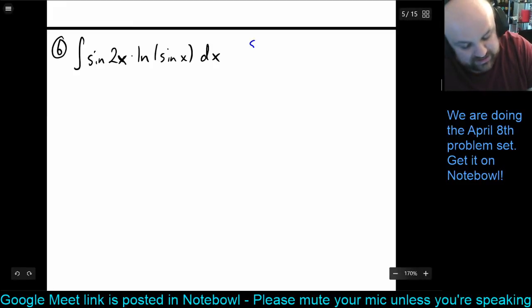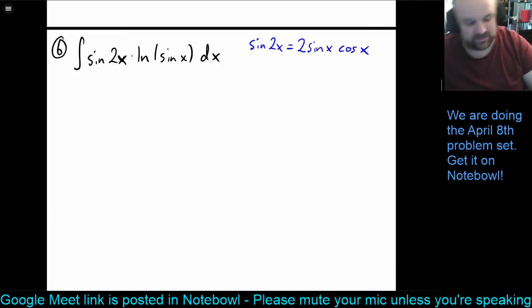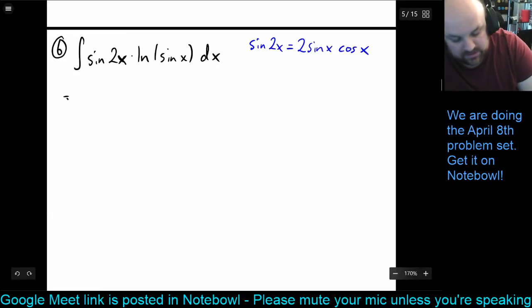There is a way we do have that. There is a trig identity: sine of 2x equals 2 sine of x cosine of x. With this trig identity, we can make a cosine. So this integral turns into 2 sine of x cosine of x times ln of sine of x.